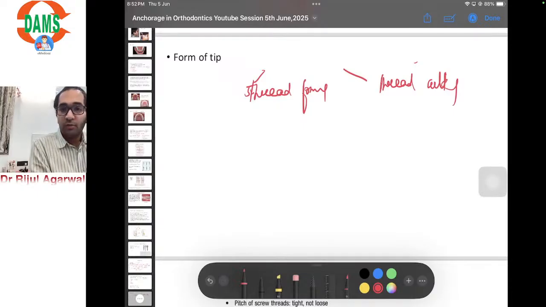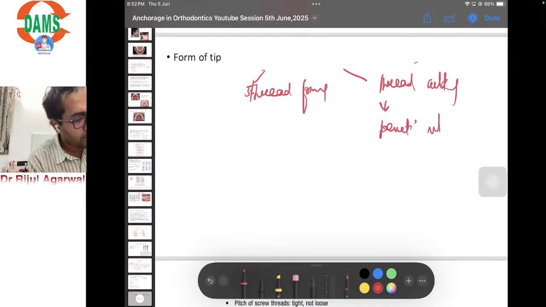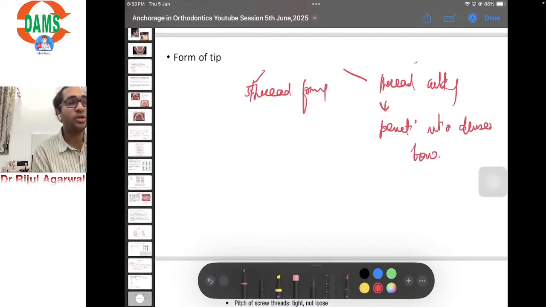So what will be the advantage of thread cutting? How does a thread cutting screw look? It will have a cutting flute or cutting edge at the tip of the screw. It will be advantageous in penetration into denser bone. Mostly we want to place the TAD into the retromolar area.